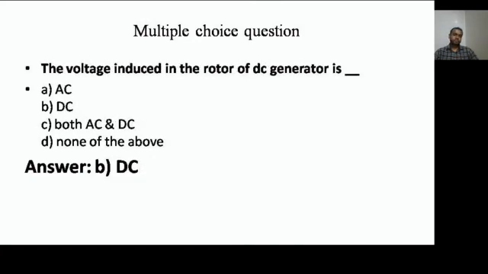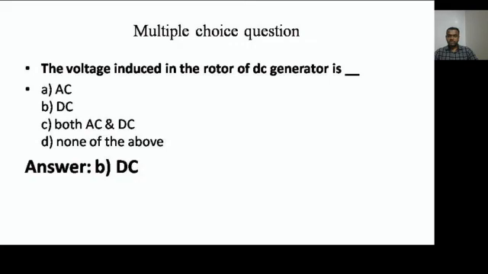The next one is the last multiple choice question. The voltage induced in the rotor of a DC generator is dash. The output of the rotor is what? AC, DC, both AC and DC, none of the above. The answer is DC.